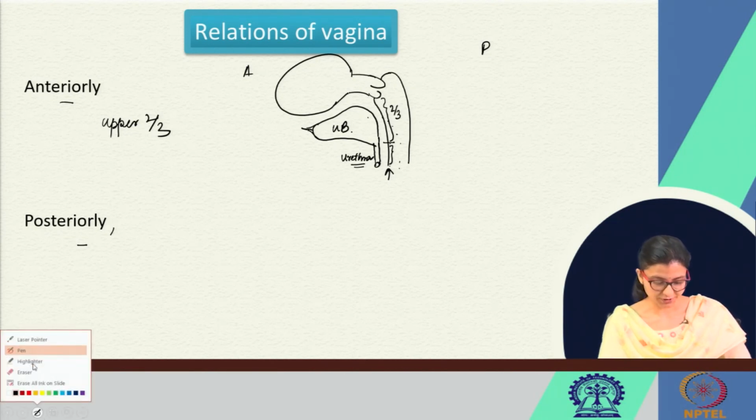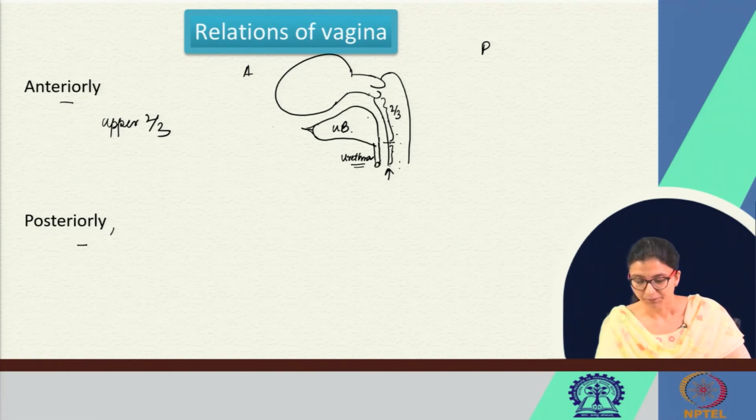I will use a different color. This is the peritoneal covering. It is covering the urinary bladder, and there is a very loose fold of peritoneum covering the urinary bladder and the uterus.